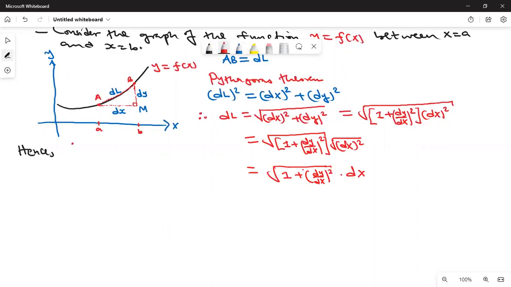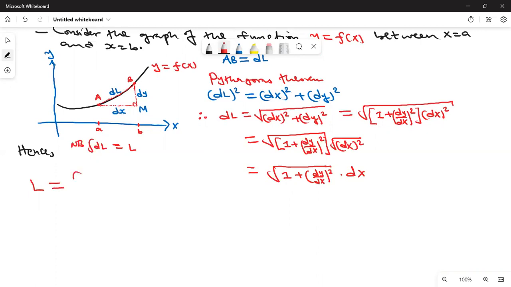Take note that the integral of dl is the same as L.